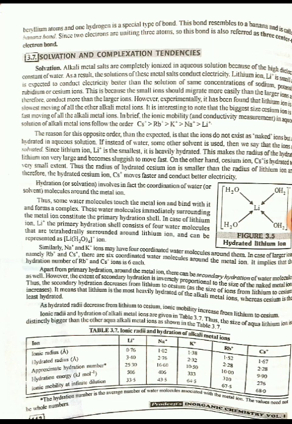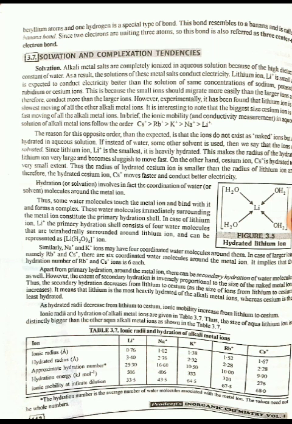Apart from primary hydration around the metal ion, there can be secondary hydration of water molecules as well. However, the extent of secondary hydration is inversely proportional to the size of the naked metal ion. Thus, the secondary hydration decreases from lithium to cesium as the size of the ions increases.